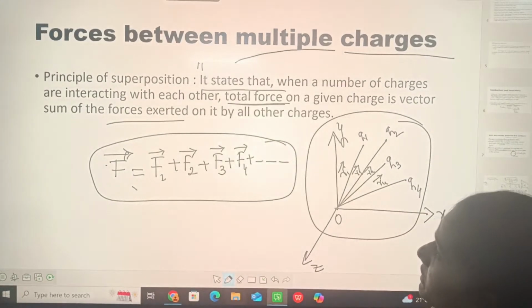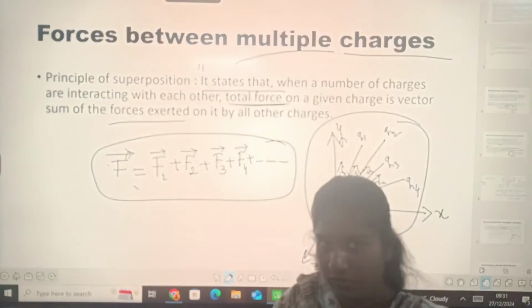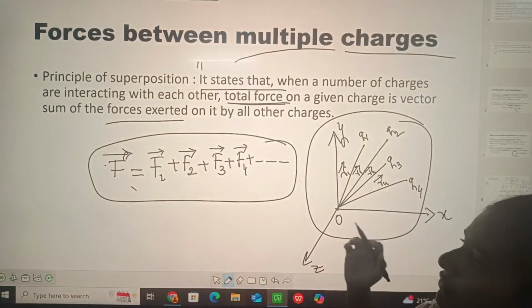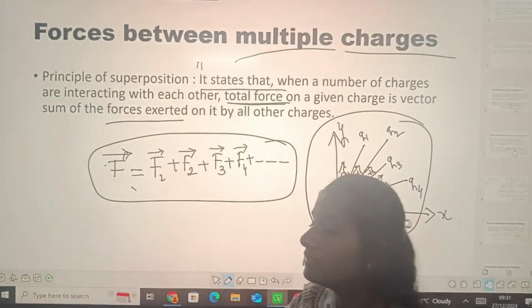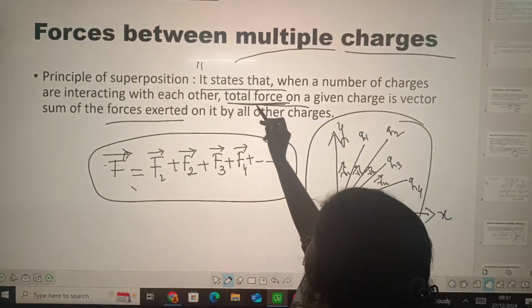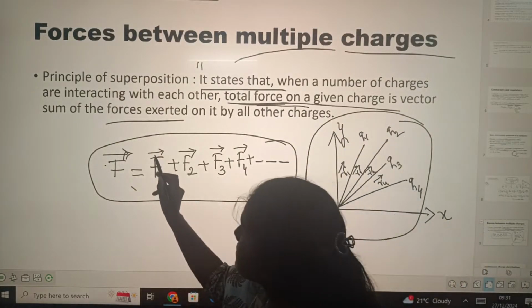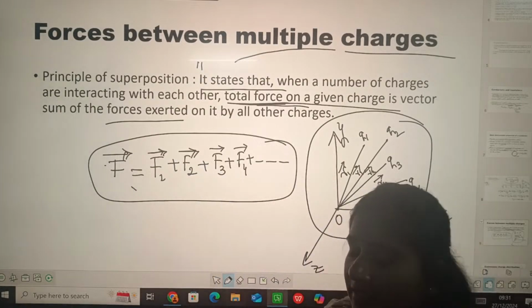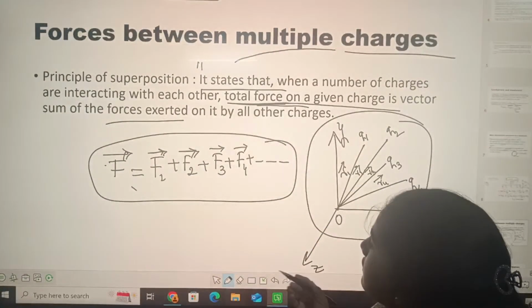It can also be stated as: when a number of charges like q1, q2, q3, q4 and so on are interacting with each other, the total force on a given charge is the vector sum of the forces exerted on it by all other charges.